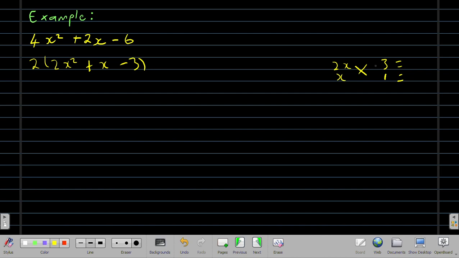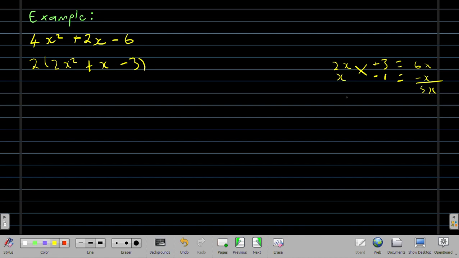So in this case, we make 3 a positive, we make 1 a negative, and then we say 2 times 3, so 2x times 3 is going to give us 6x. X times -1 gives us minus x. That gives us a 5x, which is not what we have here in the middle.